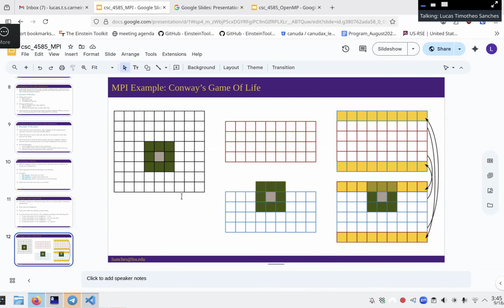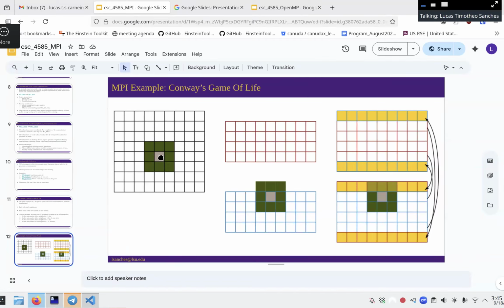So how do we parallelize this sort of thing using OpenMPI? Let's focus on the diagram on the left first and forget about all the rest. This is the board of Conway's Game of Life. We've got the cells, and each of these cells can be alive or dead.